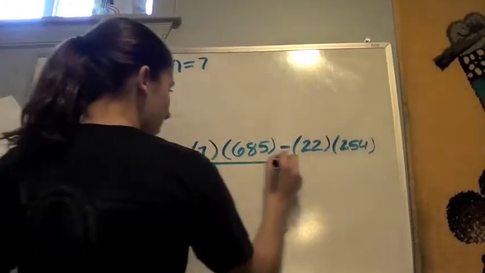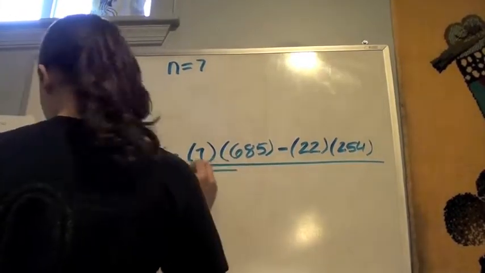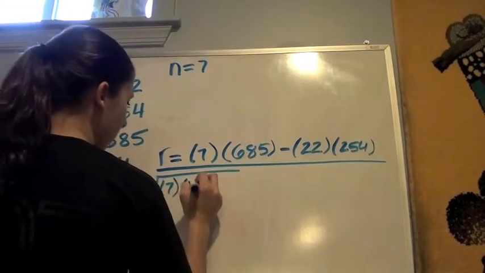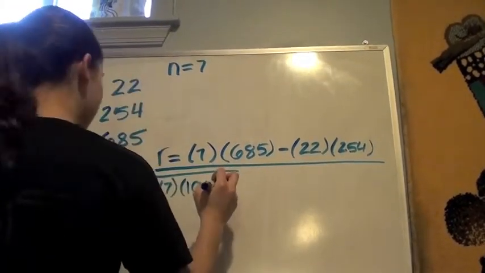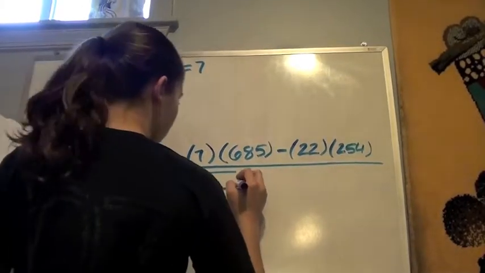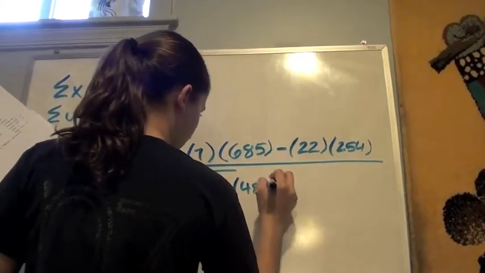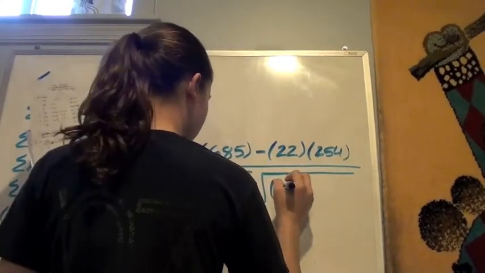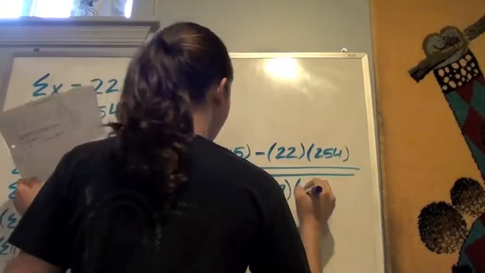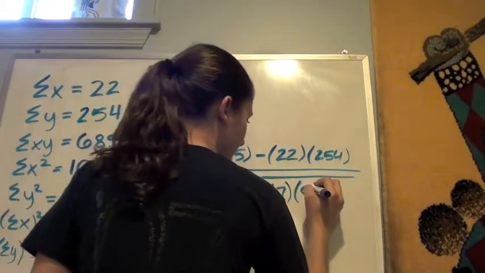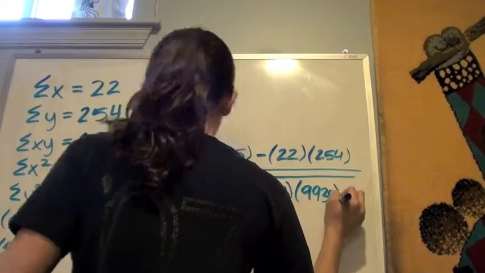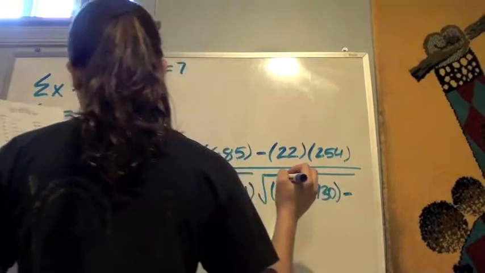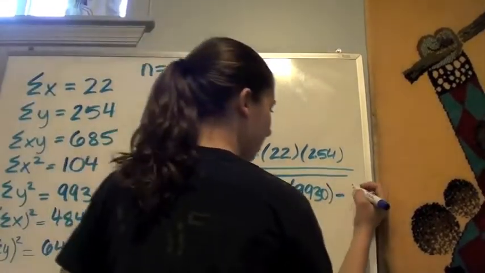For the bottom part, we do square root n, so 7 again, sum of x squared, so 104, minus the sum of x squared in parentheses, 484, and then another square root of 7, sum of y squared, so 9,930, minus sum of y squared in parentheses, which is 64,516.